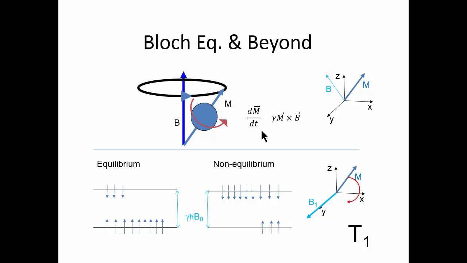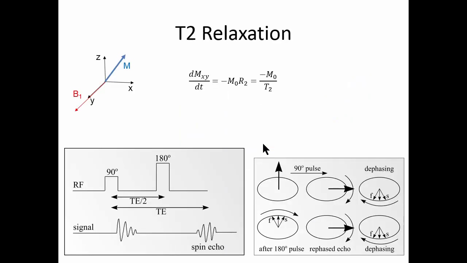The interesting stuff happens when you actually start manipulating those spins, and then you enter the processes of T1 relaxation and other processes of exchange, diffusion, etc. Probably all of you know that T1 relaxation is simply a process of coming back to equilibrium, and T2 relaxation is nothing else but dephasing.